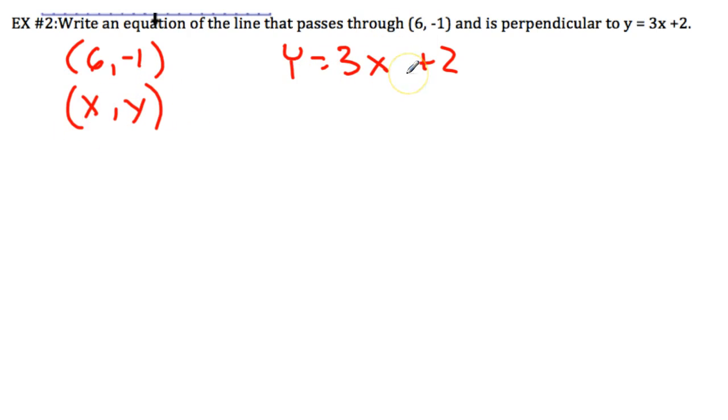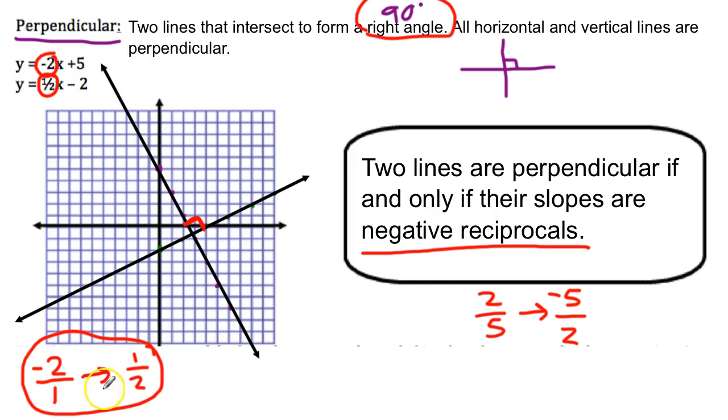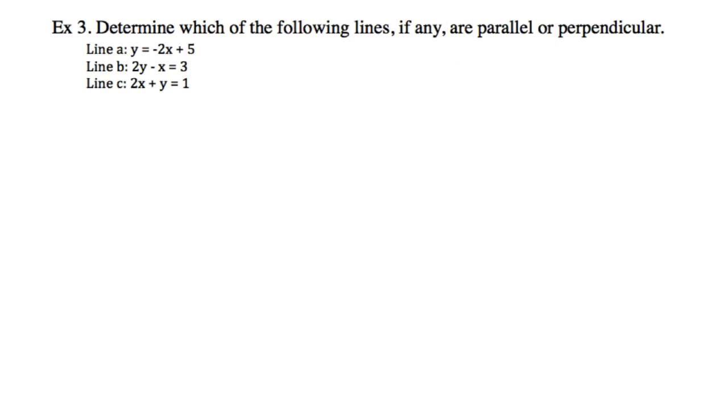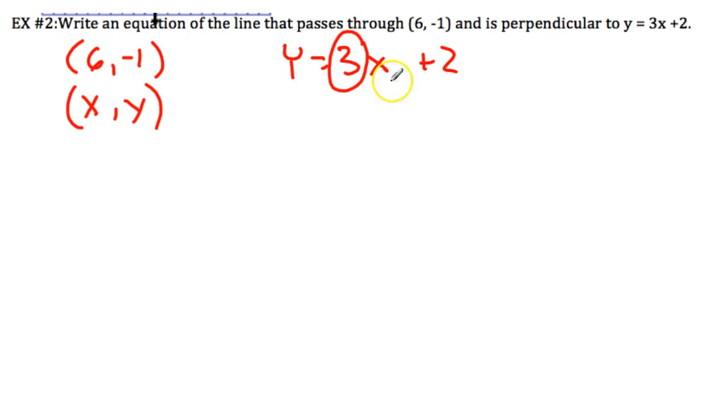This is the equation that we want to be perpendicular to. The slope is 3. We need to find the negative reciprocal of 3. Alright, so we start with 3. That's really 3 over 1. Any number you put 1 on the bottom, it's the same number.